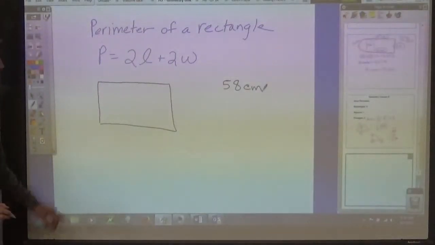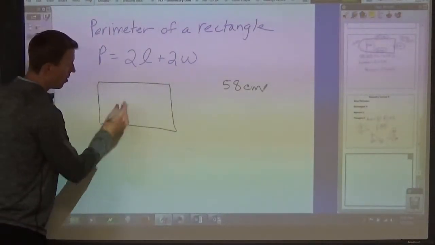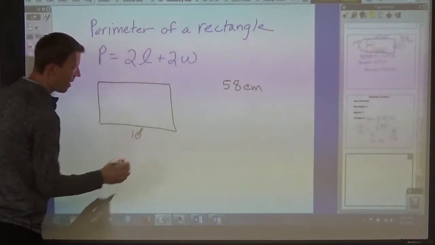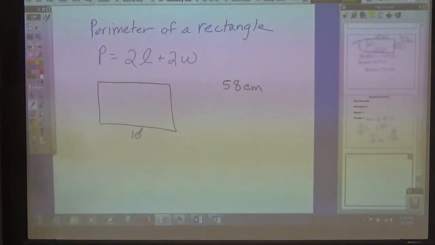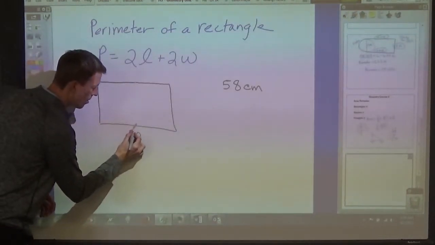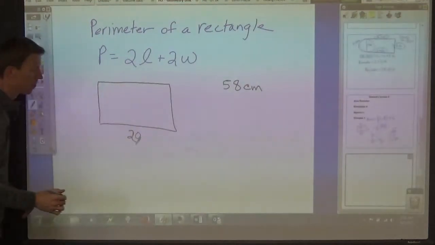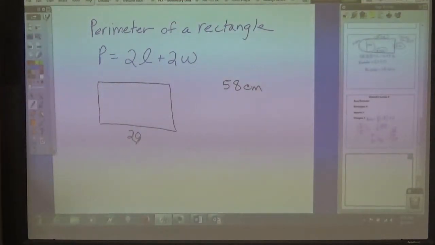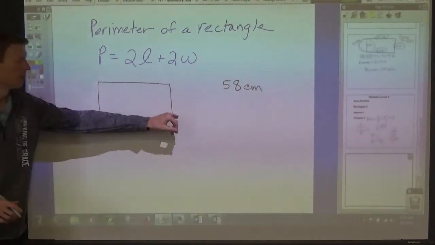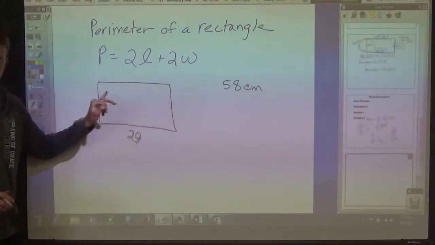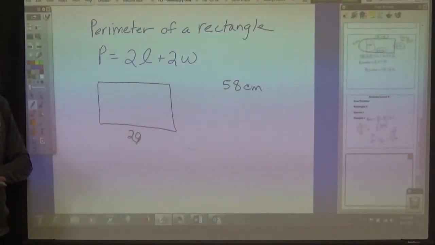And we know that the length of this side is 10 centimeters. Oh wait, no, I'm sorry, 20 centimeters. Then how would we find this one? How would we find the other measures? We work backwards, so to speak.